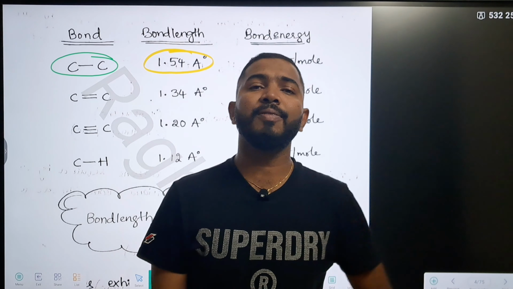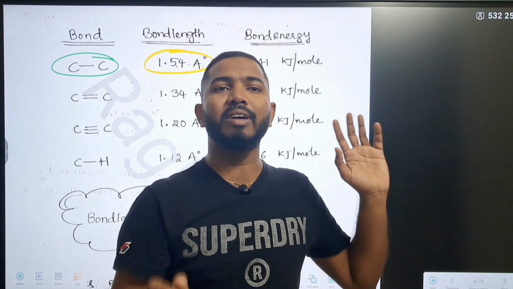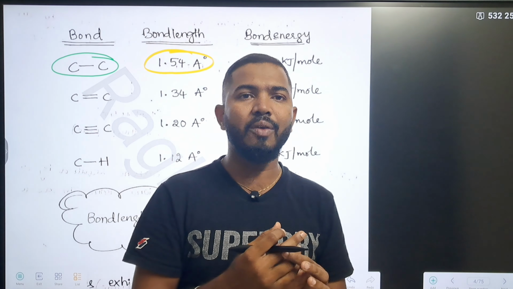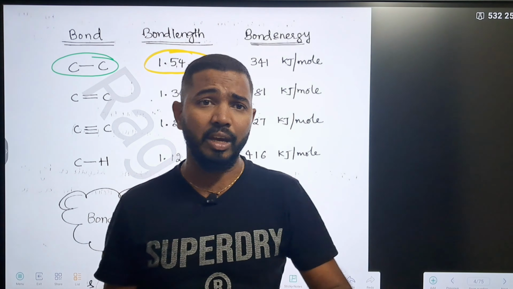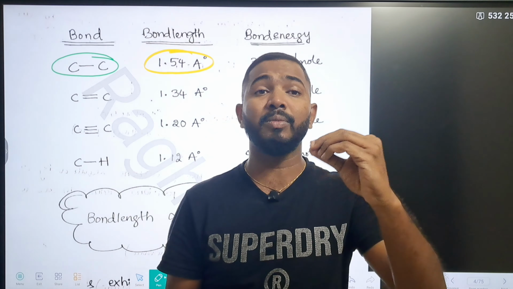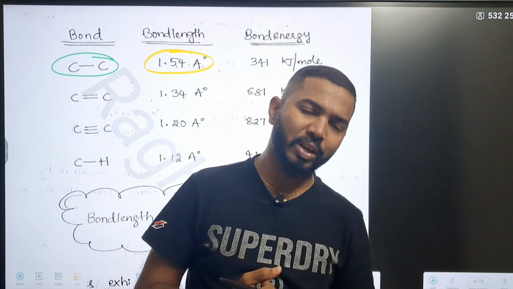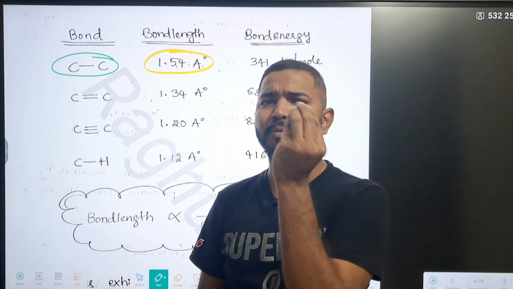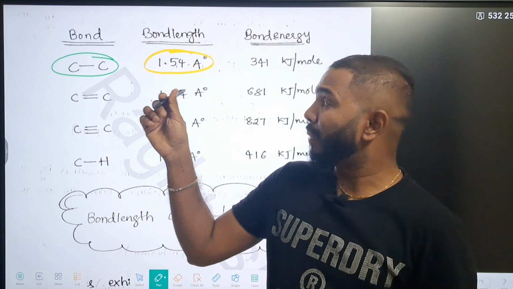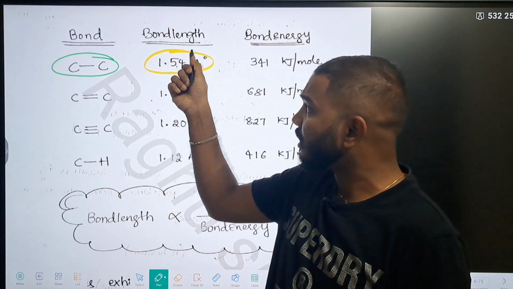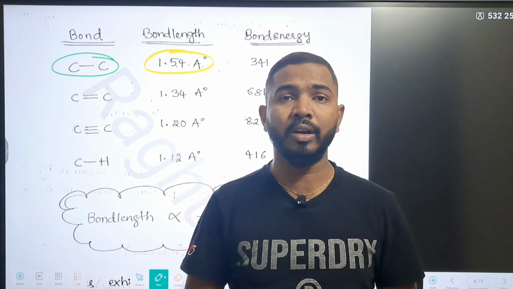Very important. In fact, it's better to try to understand and then try to remember the values also, because nowadays, since all these points are directly taken from the NCERT, they are even asking the bond lengths sometimes. There is less possibility anyway to get this question in competitive exams, a direct number, that is bond lengths for CC, C double bond C. But what I am suggesting is, better you try to understand the differences here among CC single bond, double bond and triple bond, okay.